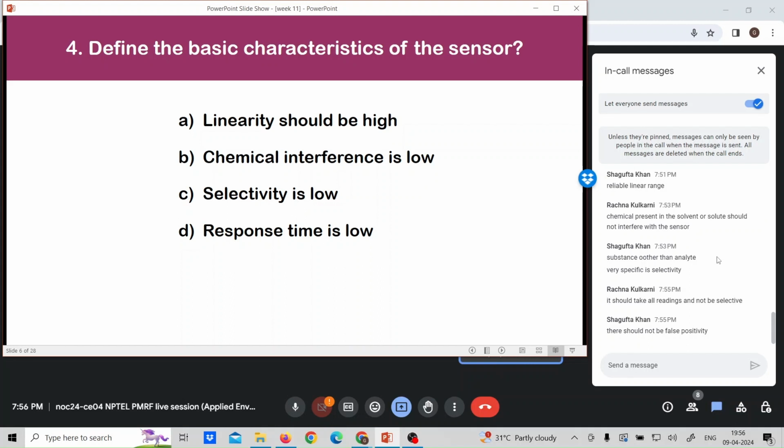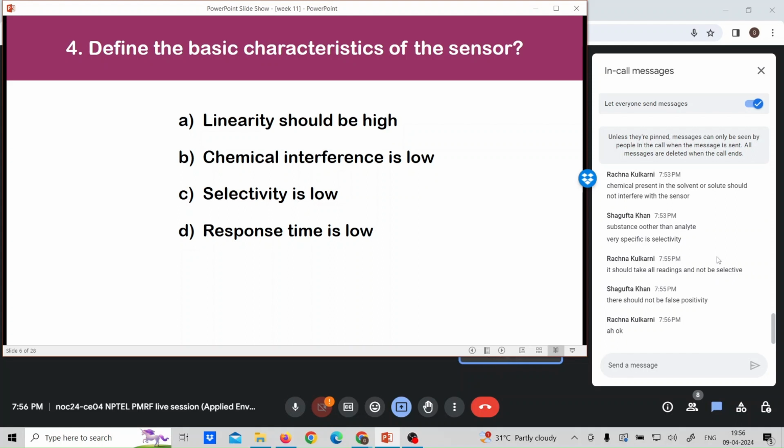But in the case of selectivity, selectivity means the ability to select a specific analyte. When you are testing for a particular analyte, having higher selectivity is better. Selectivity means how selective the sensor is in detecting and giving the output for our sample.